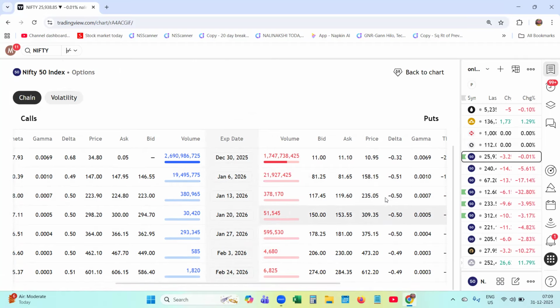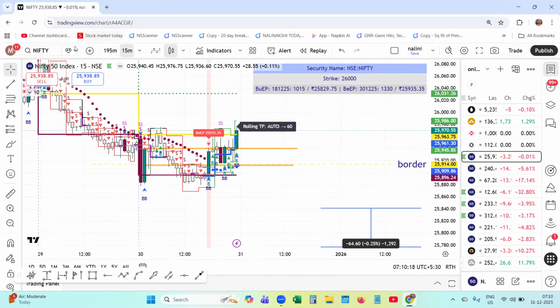You can see the price from here, it is 158, both are equal. On January 6th, 235, 309, 375, and 473, like that you will get. So you can select by strike price also.